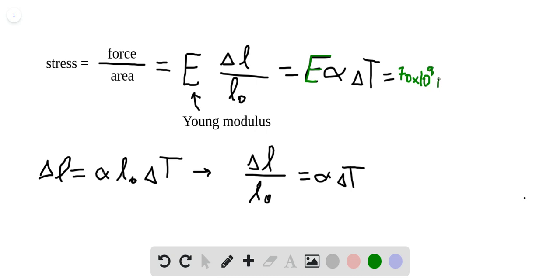And that is Newton per meter square. Units are important as always.